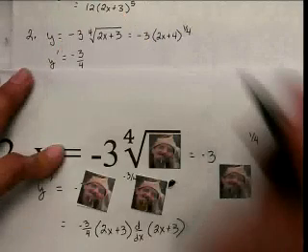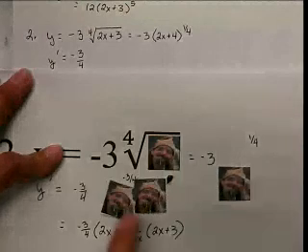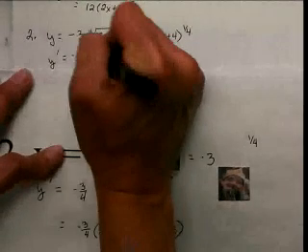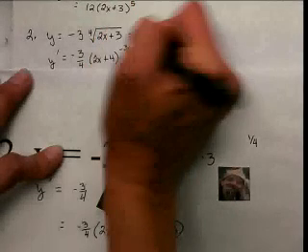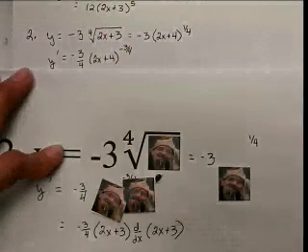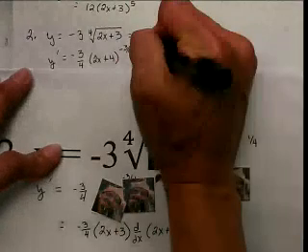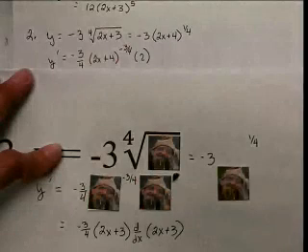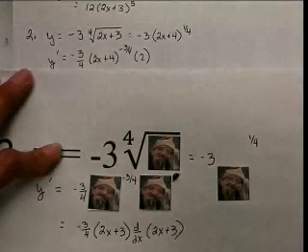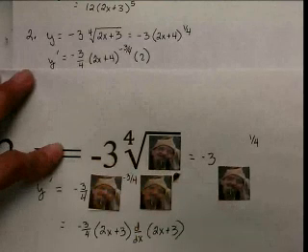Same old ugly to the negative 3/4. And then the derivative of the ugly. And then simplify that as much as you can. Negative 3/4 times 2 is negative 3/2.